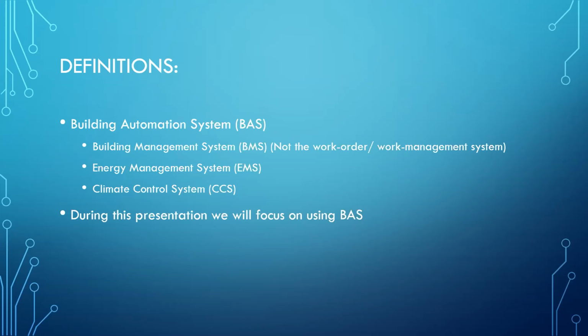We have seen it listed as building management systems, energy management systems, climate control systems. It is somewhat dependent on what region of the country or world you are in, and what the engineers decided to call it when they were writing up the specifications, or sometimes what the building owner wanted to call it to begin with. During this presentation, I will use the term building automation system.